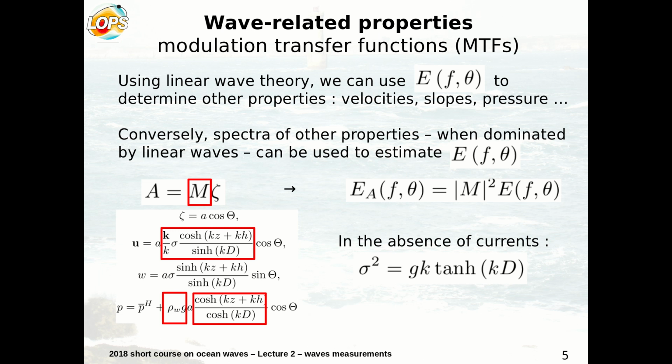This one is what you measure with a fixed instrument relative to the ground. And omega is equal to sigma plus the Doppler shift effect, k vector dot u. So there's a vector product between the wave number and the current vector.